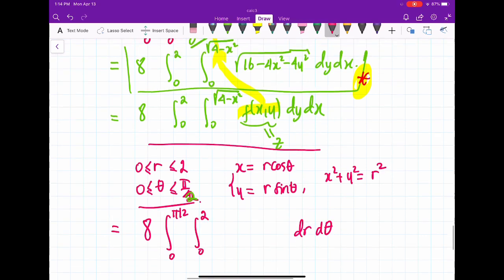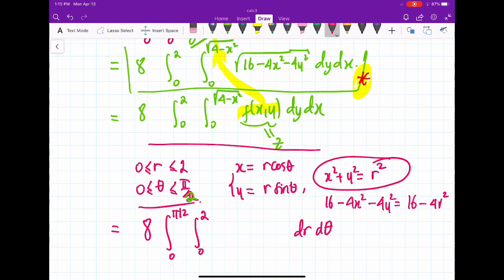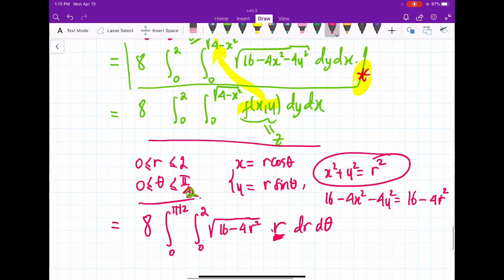The function, according to this, 16 minus 4x squared minus 4y squared is just 16 minus 4r squared, right? So I have the square root of 16 minus 4r squared, and don't forget we have r in here.